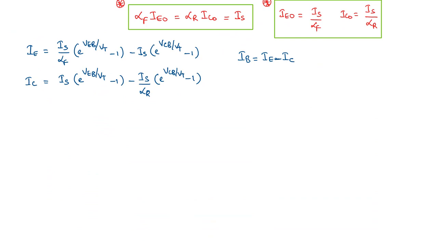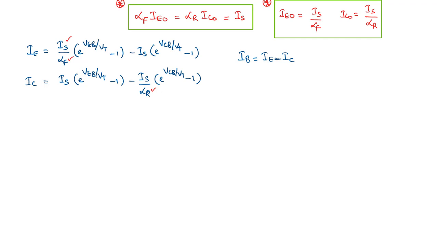Now, if we observe these equations, we have IS as a parameter that we need to know to find these equations. And of course, alpha F and alpha R. Apart from that, it's all about the applied potentials at the emitter base junction and collector base junction, VEB and VCB respectively. So the number of parameters that are present in these equations are in fact very few.